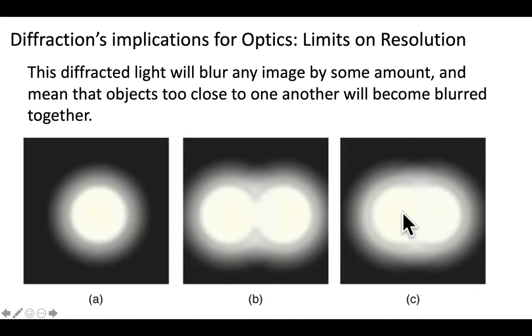Now, people who do image processing can distinguish that there are two objects here, not one. You could see that it's elongated, for example. But from a practical point of view, this is kind of where your resolution starts being hard to deal with. If you want to see fine scale structure, you want this to be what's happening, not this.